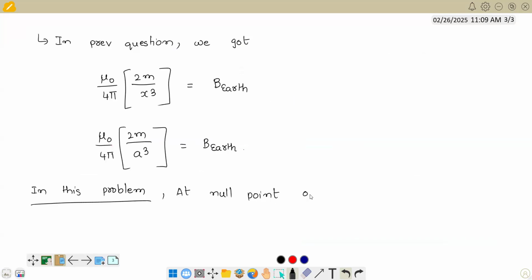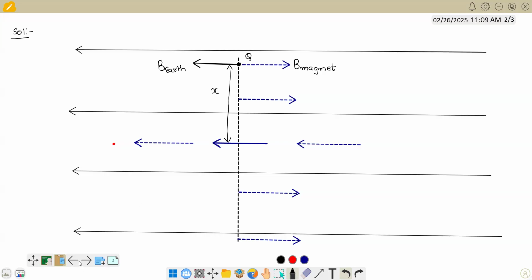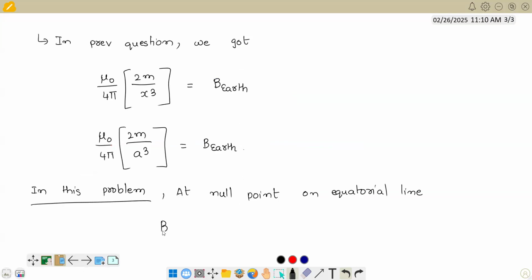So for the null point on equatorial line, we get magnetic field due to magnet must be equal to magnetic field due to earth. What is a magnetic field due to a magnet on an equatorial line? We know the formula is mu naught by 4 pi m by x cube. If x is the distance, this must be equal to B of earth.